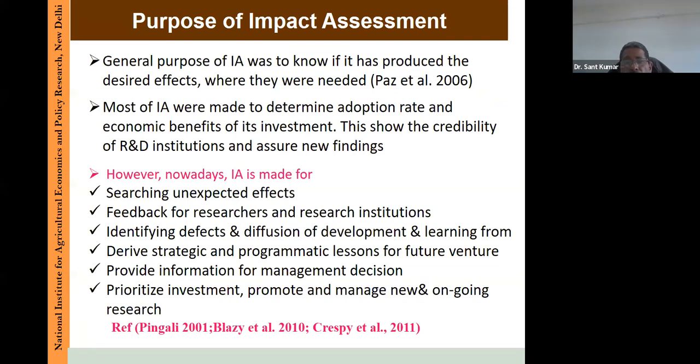They show the credibility of R&D institutions and ensure the new findings. However, nowadays it is made for searching for unexpected effects, feedback for the researcher and the research institutions, identifying the defects and the diffusion of development, deriving strategic and programming lessons, providing information for management decisions and to prioritize the investment.